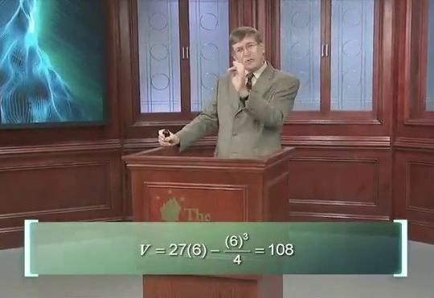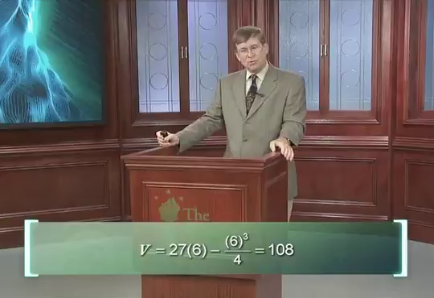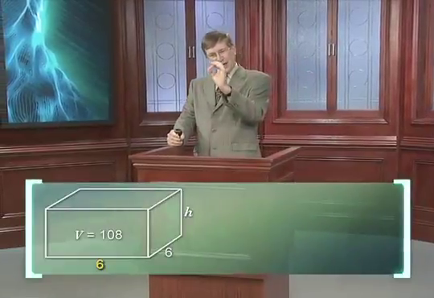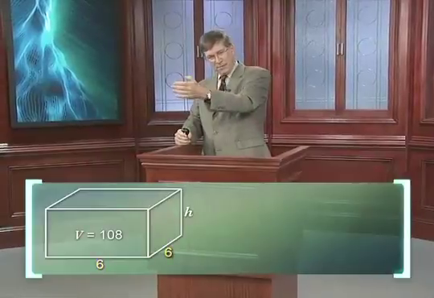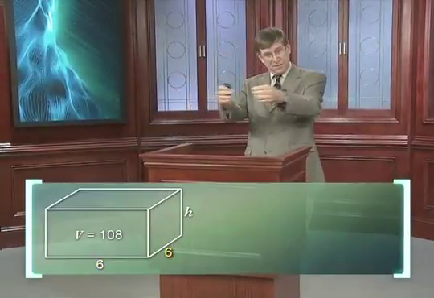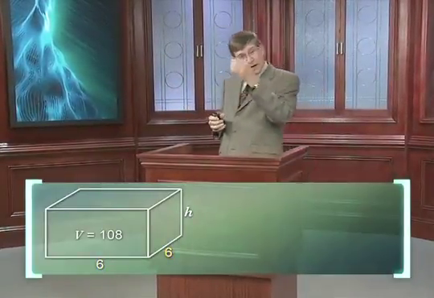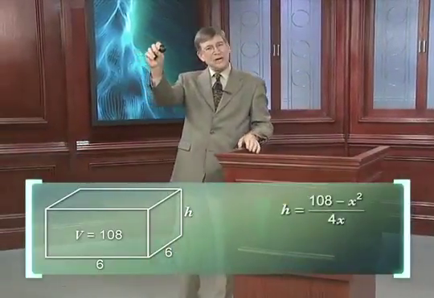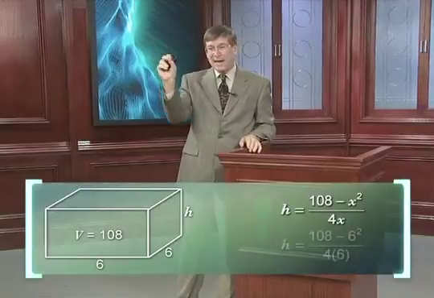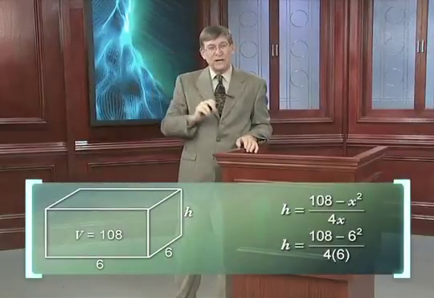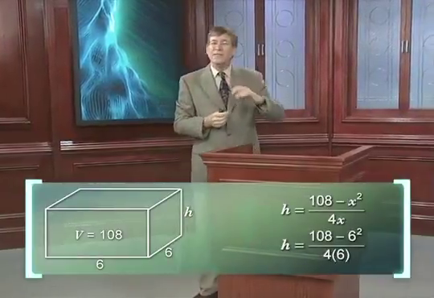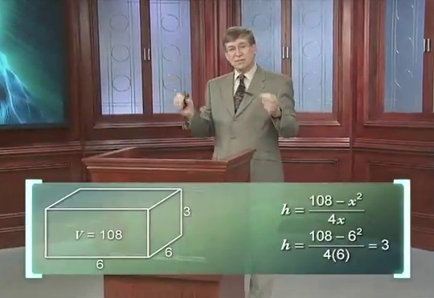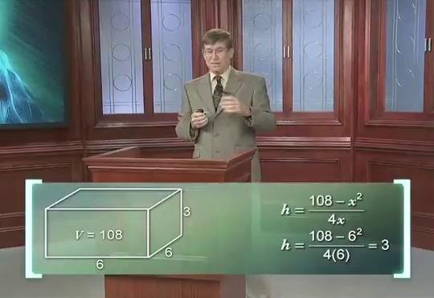So 108 is the maximum value of this function, and that's the base dimension. The other base dimension is also 6 because the base is square. And what's the height? Well, you would take x, plug it back into the equation for the height. So you plug 6 into that equation for h, and it comes out that h is 3. So our box is 6 by 6 by 3.